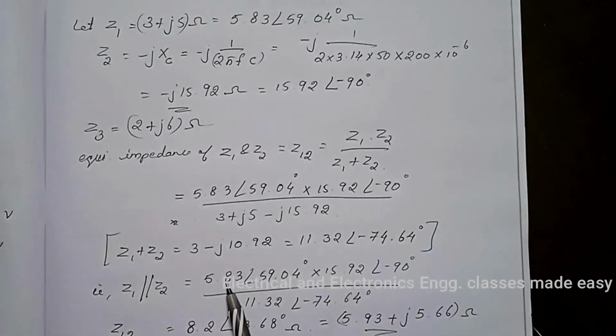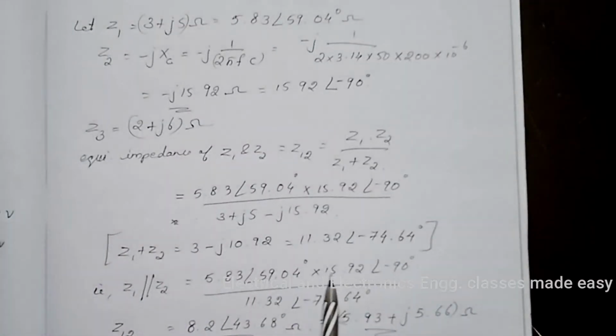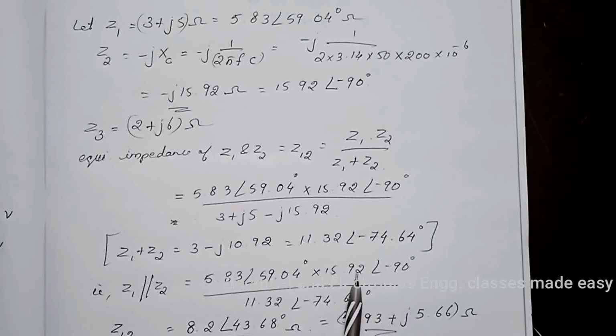So here multiply 5.83 with 15.92 and divide by 11.32, and in the case of angles, add the angles in the numerator and subtract the angle in the denominator. So we get 8.2 angle 43.68 degree ohm, and converting into rectangular form, that is 5.93 plus j5.66 ohm.